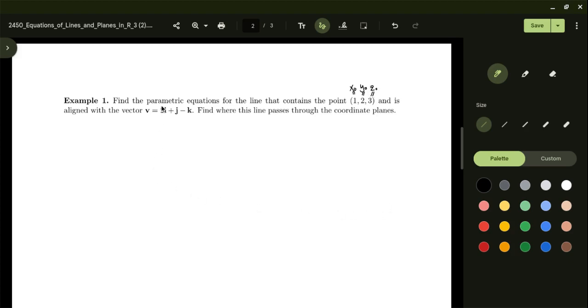And then we're also given that directional vector, which has our coefficients. A is going to be 2, because that's the coefficient of i. Our b is going to be 1. Remember, there is no coefficient of j, so it's going to be a 1. And then our c is going to be a -1. Be careful and make sure you include the signs. So since that's a negative k, it's going to be a -1 for our c.